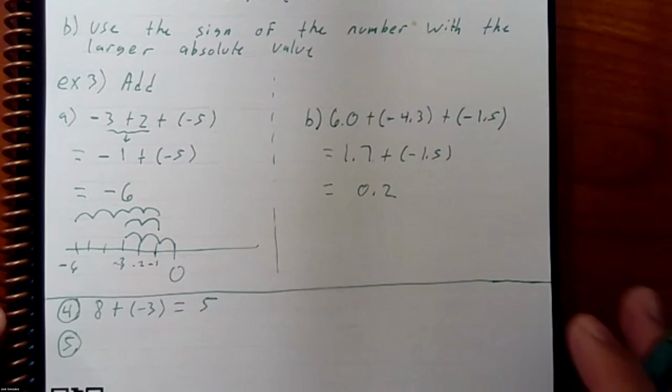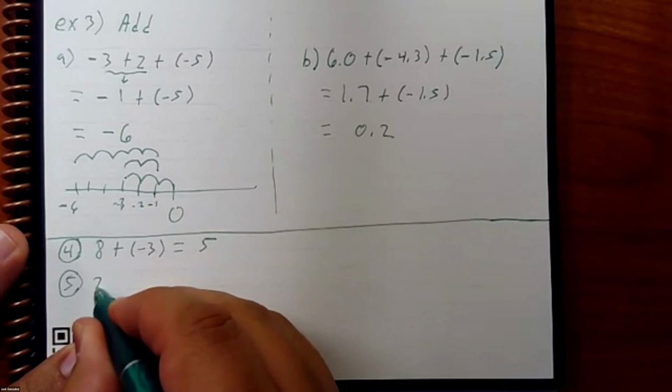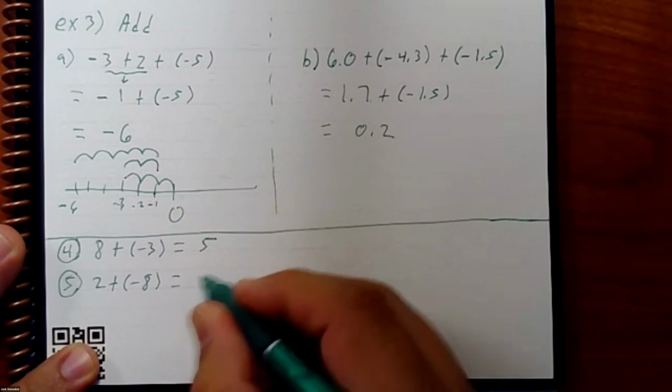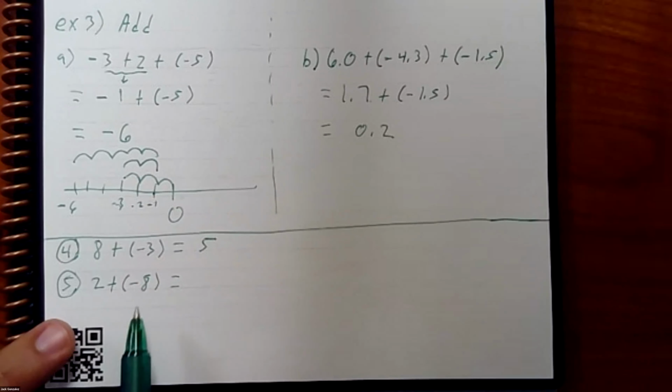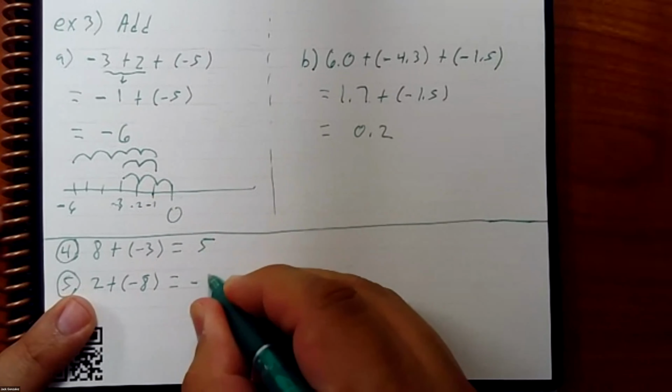Number 5. What'd you guys get? Yeah, keep the sign of the biggest one. So you do biggest minus small. 8 minus 2 is 6. Keep that sign.